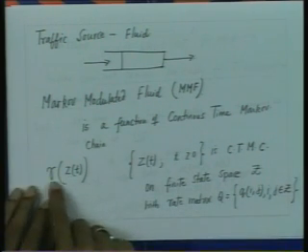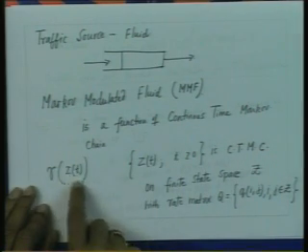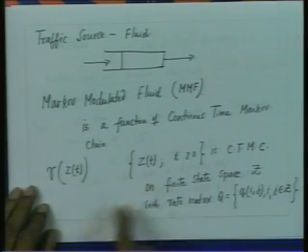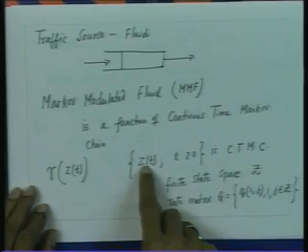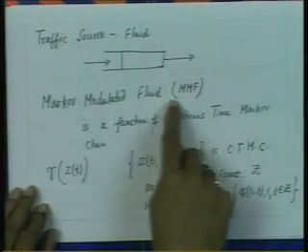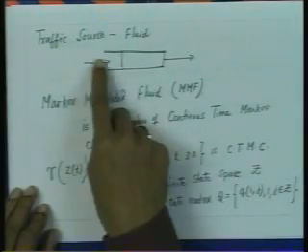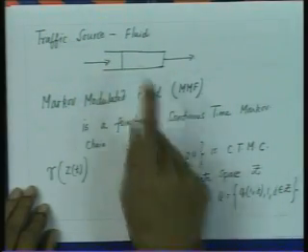So with this we are saying that the rate at which the fluid is transmitting is a function of the state, and the state itself is evolving as a continuous time Markov chain, and that is why we call it a Markov modulated fluid. Now this Markov modulated fluid is transmitting through this buffer.